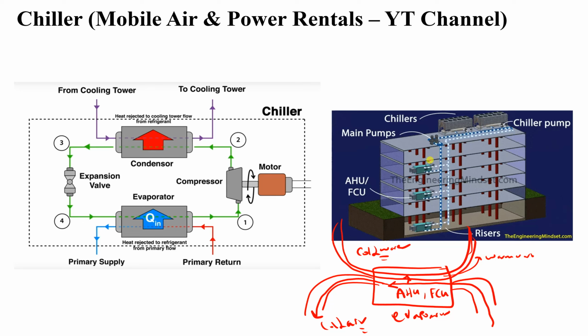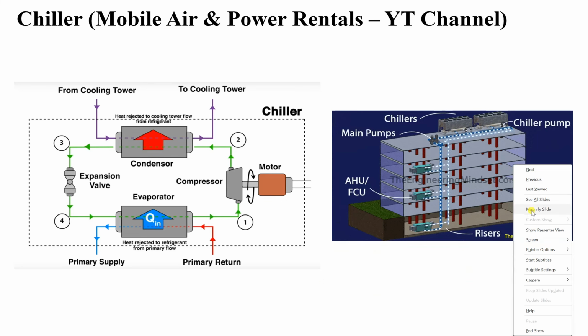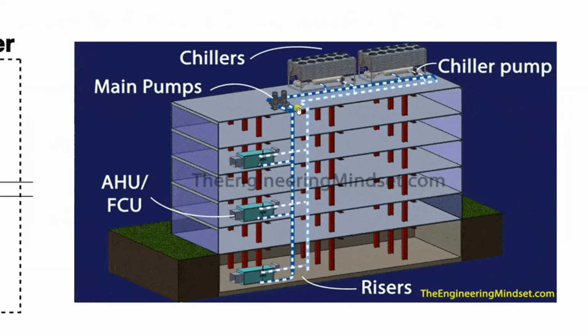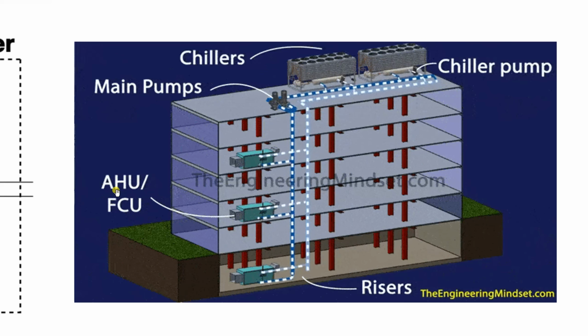As you can see here, let me zoom in, magnify, go here. We have our cold water going down inside the air handling unit or fan coil unit. They are exactly the same, except that the air handling unit is used for more than one room or one floor. Fan coil unit is usually used for just one room.